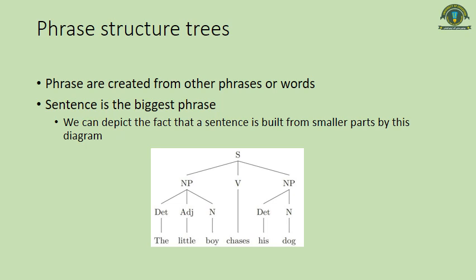Phrase structure trees are a very seminal work in generative grammar. Later on, after 1957, Chomsky and his followers built new and emerging theories in this regard.